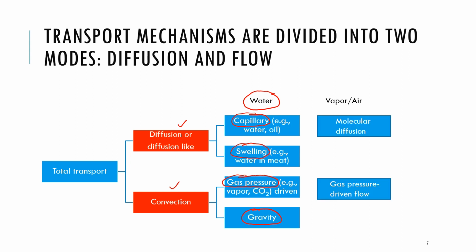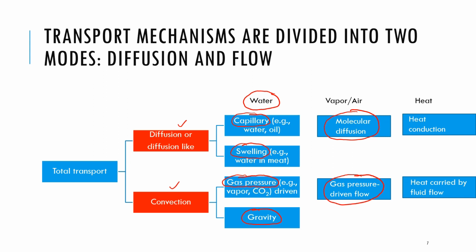Now we look at vapor. In vapor, diffusion-like movement would be the molecular diffusion, and flow would be due to gas pressure. And finally, for heat, diffusion-like movement would be the heat conduction, a transport of energy, and then the flow would be due to the heat carried by the fluid flow.